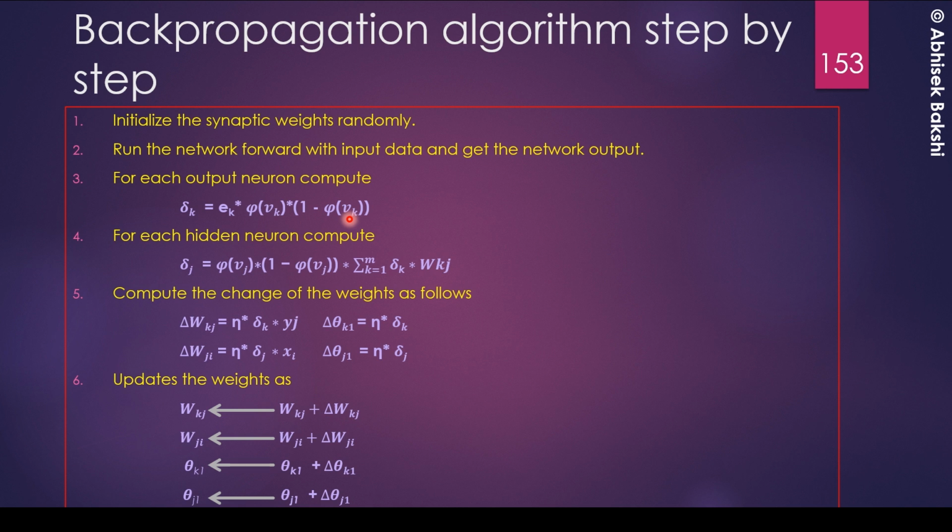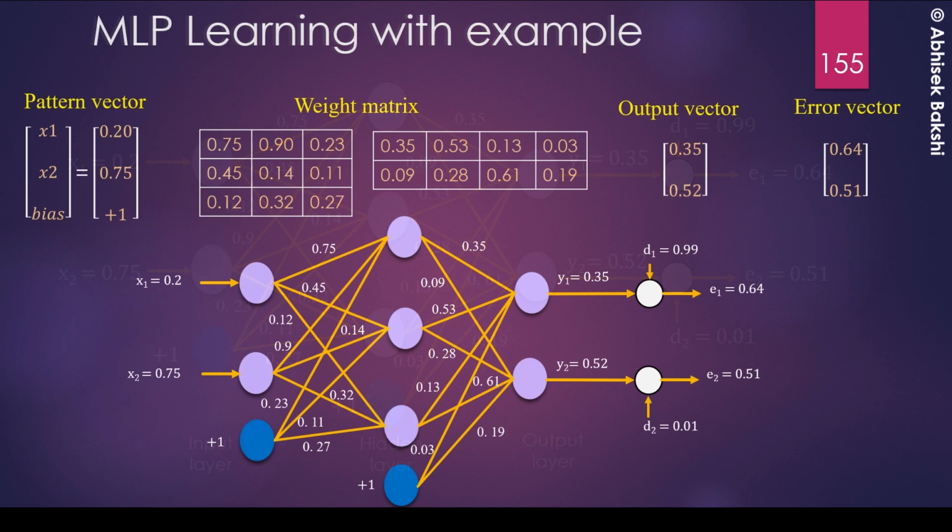So it's very straightforward. If you put delta 1, delta 2 as a column vector, then all these E1, E2 times phi of V1, 1 minus phi of V1, then phi of V2, 1 minus phi of V2 can be stored as a column. We can simply put these as a column vector, so that is what is actually given here.